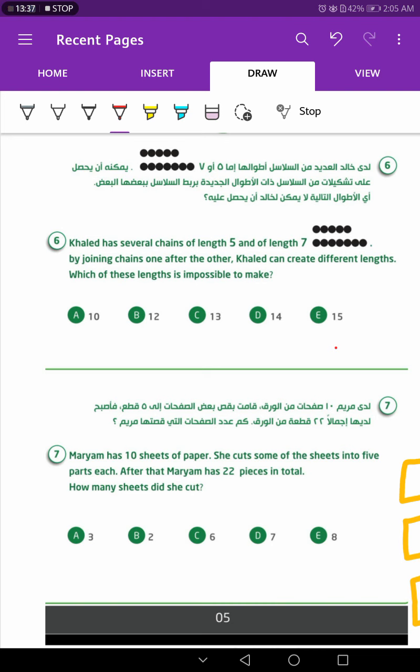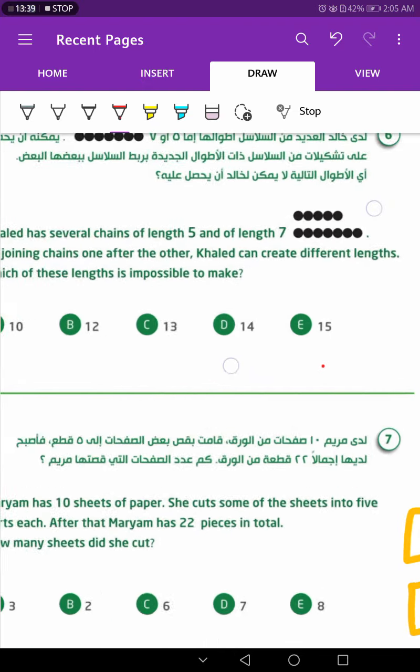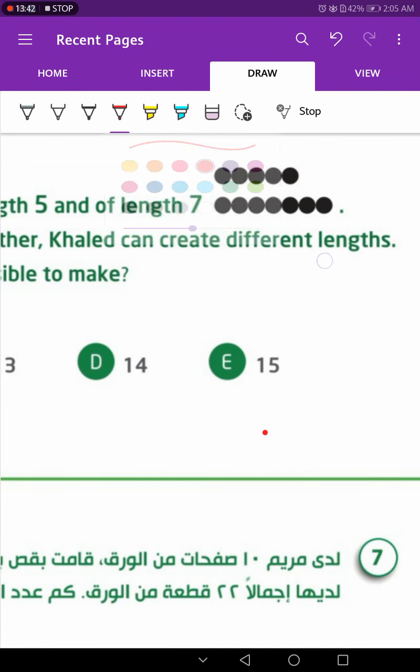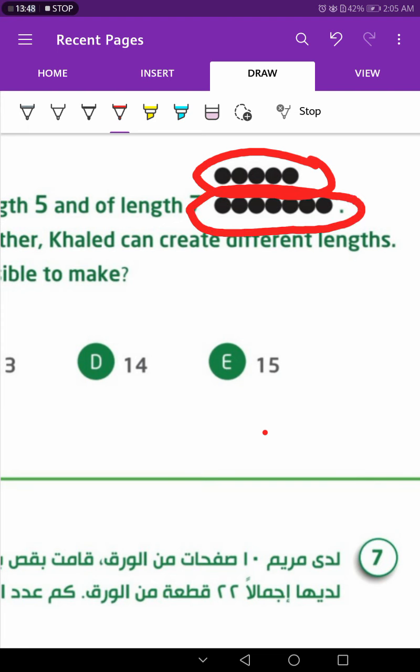Which of these lengths is impossible to make? So you have these chains, and you have to join them together. Maybe you join 5 with 5, maybe you join 7 with 7, or maybe you join 5 with 7.